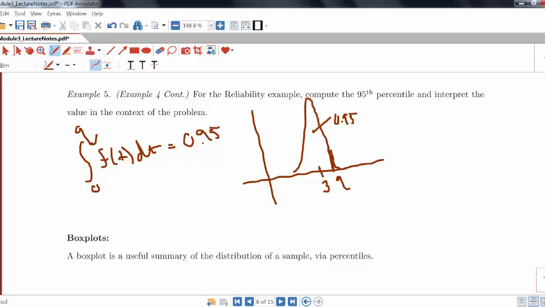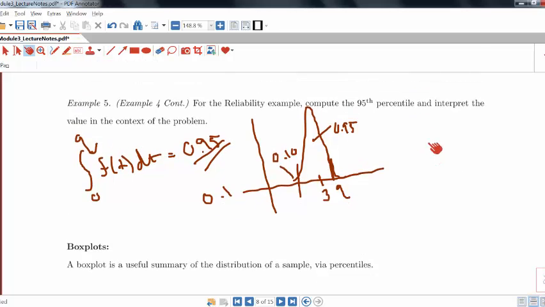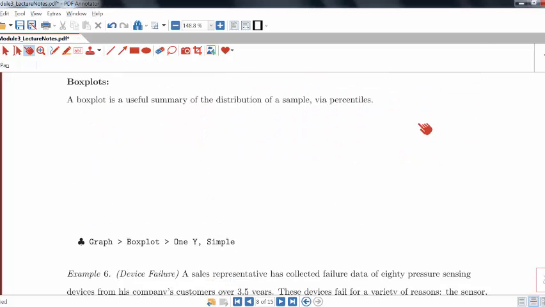If I wanted to find, let's say that maybe this was 10%, the 10th percentile, I would just set this thing equal to 0.1. So I'm really just finding that value that cuts off that proportion of data to the left. Unless, it looks like the last thing he has on here is the box plot. So this, I guess, is harder to make.